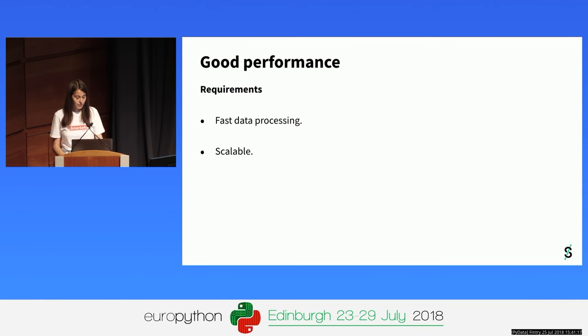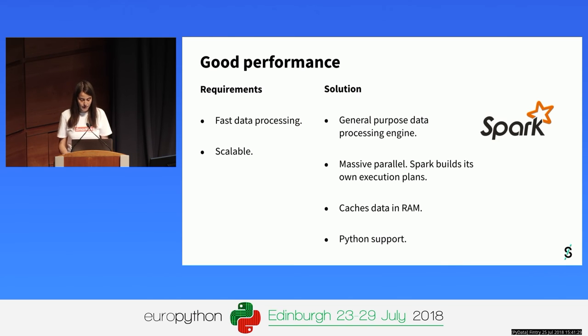The next requirement that we wanted to meet was good processing performance. We wanted fast data processing, and we also wanted an engine that was able to scale. That's why we decided to go with Spark. Spark is a general-purpose data processing engine, and what Spark does is it breaks down the processing jobs into tasks and identifies those tasks that can be run in parallel on different data partitions, and it builds its own execution plans.